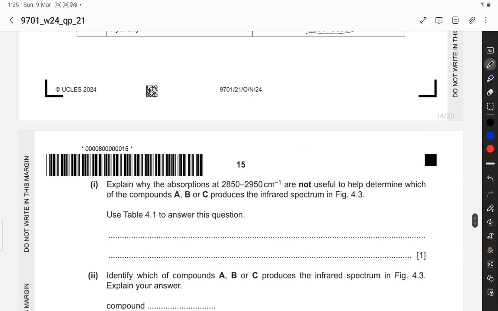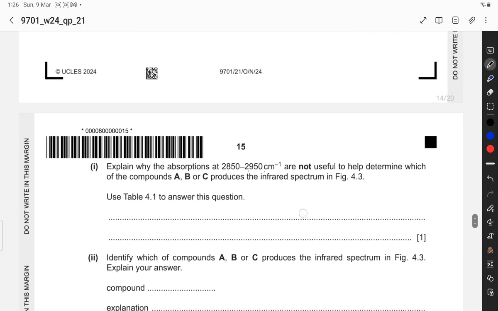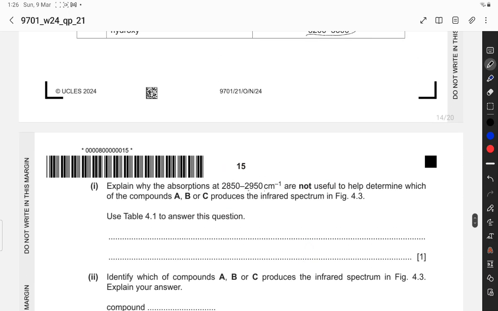Explain why absorption at 2850 to 2950 is not useful to help determine which of the compounds A, B or C produces the infrared spectrum, figure 4.3. Use table 4.1 to answer this.